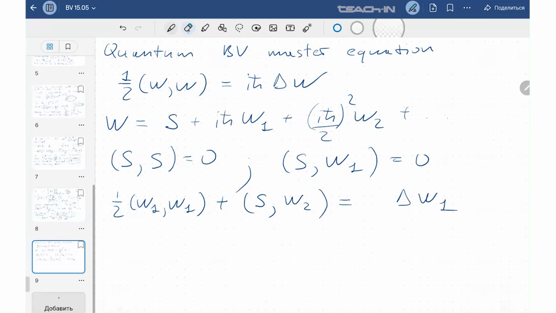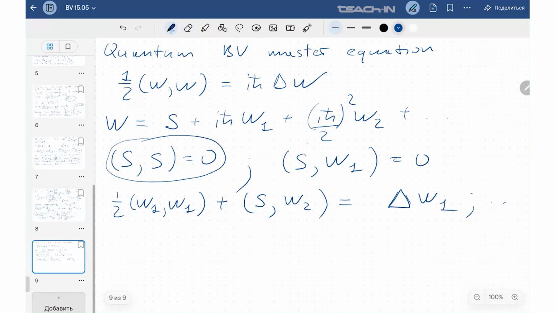Yeah, that's what we get. We can write higher ones. But what is important is that at zeroth order in h bar, we have something satisfying the classical master equation, and then we have equations on quantum corrections to the classical action. And that is why we identify S as a classical BV action.